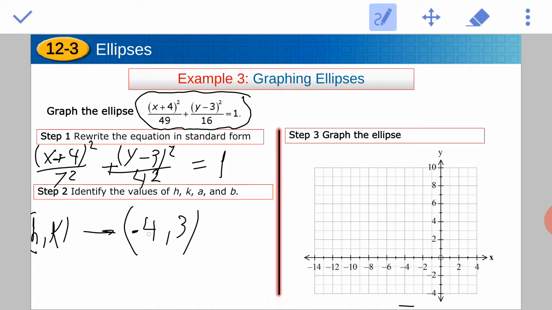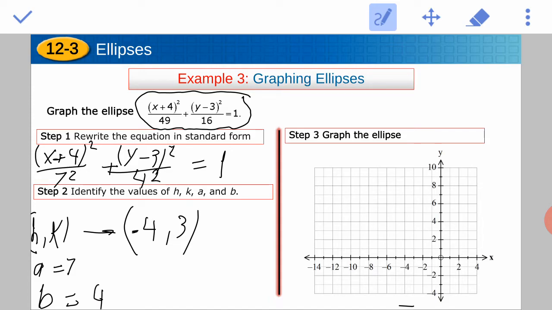So the x coordinate of the center is -4, and the y coordinate is 3. Two very important pieces of information are the value of a, which is 7, and the value of b, which is 4.